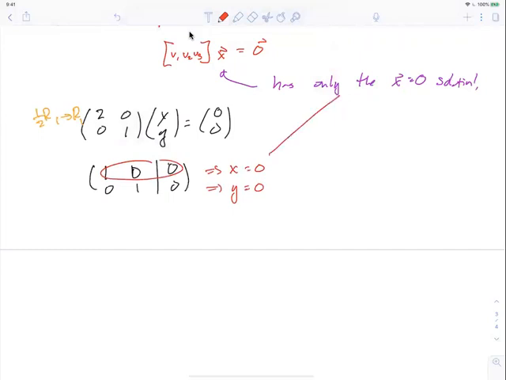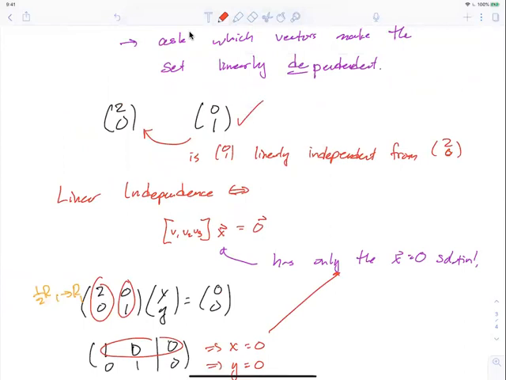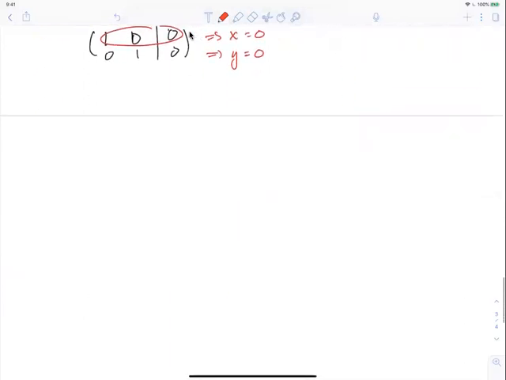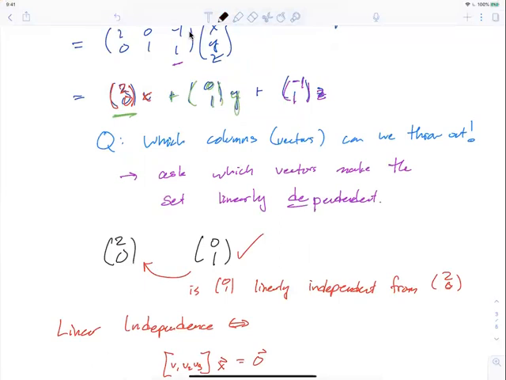So it only has the all-zero solution, which means that those two original vectors are linearly independent. So now (0, 1) has made the team. It's made the basis. So now we're at (2, 0) and (0, 1), and we want to check, does (-1, 1) want to make the team?